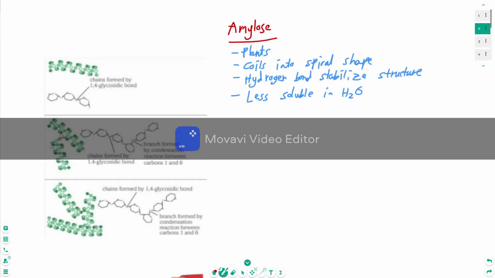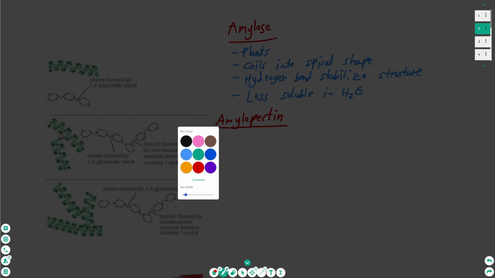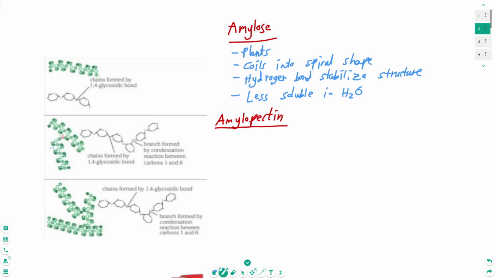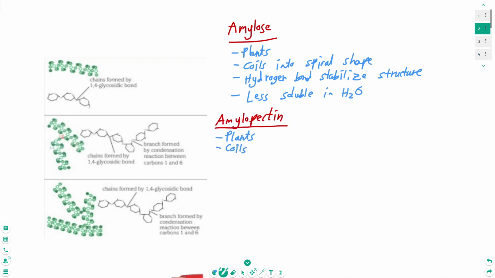The next one is something called amylopectin. This is also found in plants, but it's a bit more complicated than amylose. It also coils into a spiral shape, as you can see, it's coiling sort of here.